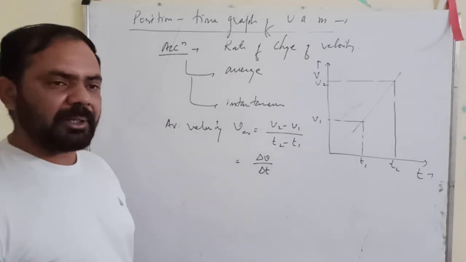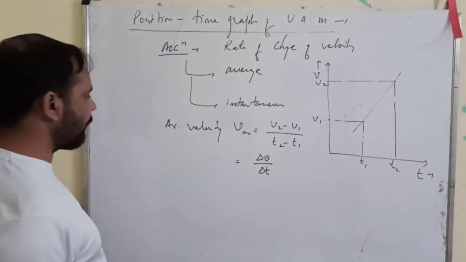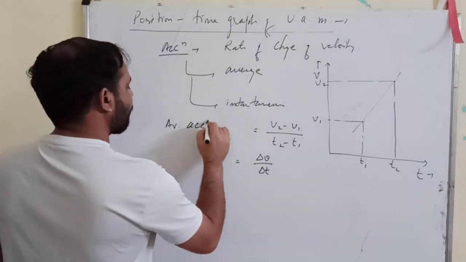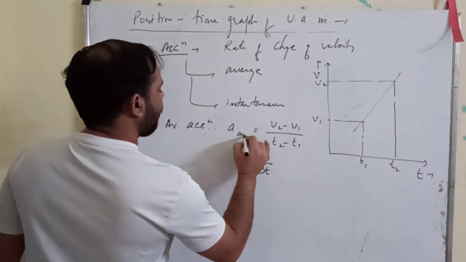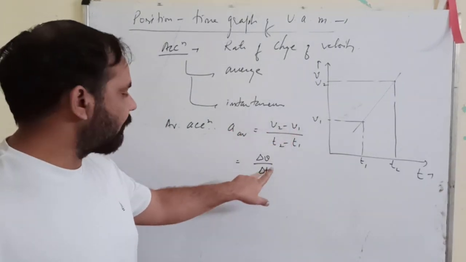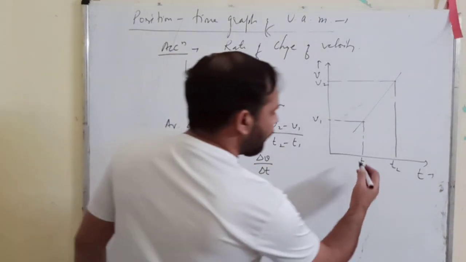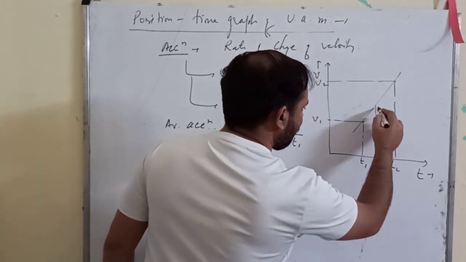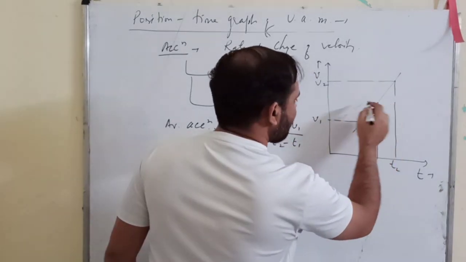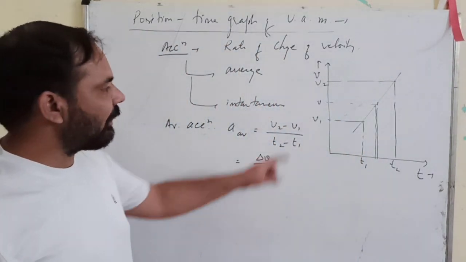Sorry, I made a mistake. It should be average acceleration. Average acceleration is change in velocity upon change in time. If I make this interval infinitesimally small, then these two points will be approximately the same point, and I will get approximately a single value of v.